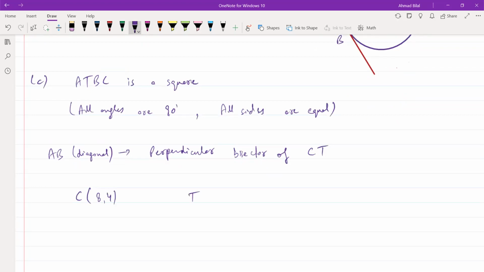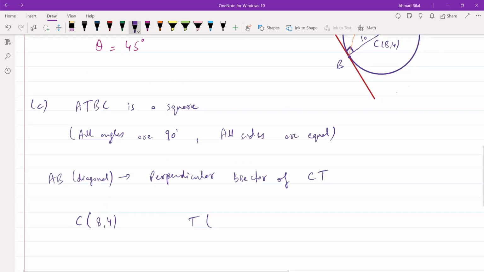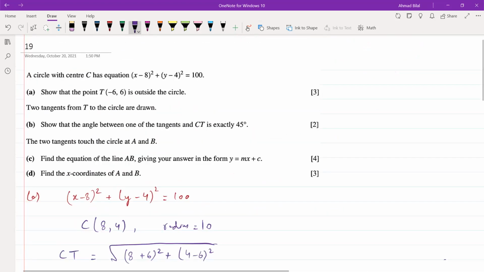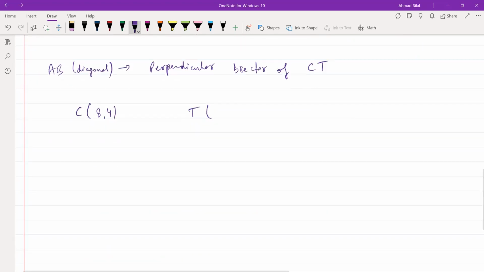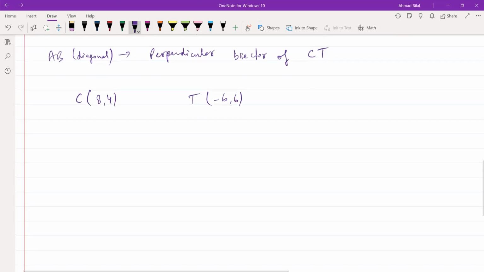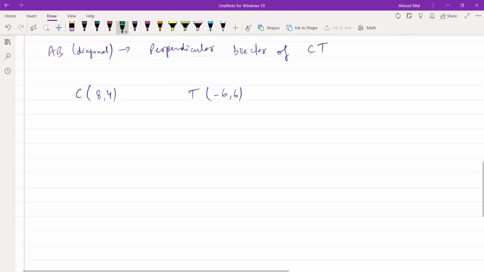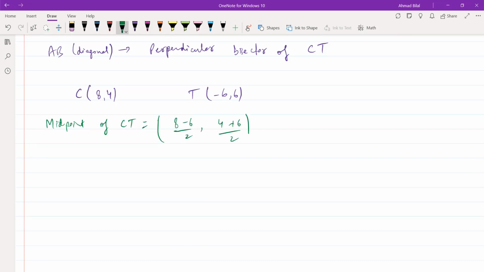We have the coordinates of T, which are given to be -6 and 6. We need to find the perpendicular bisector of CT. What do we need for that? We need the midpoint of CT. That's going to be 8 minus 6 over 2 and 4 plus 6 over 2, which gives us 1 and 5. That's the midpoint.